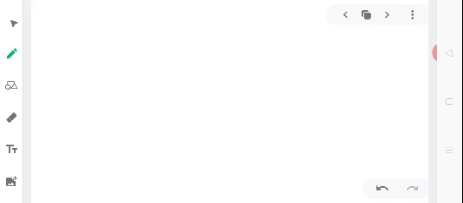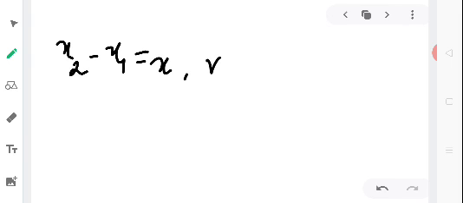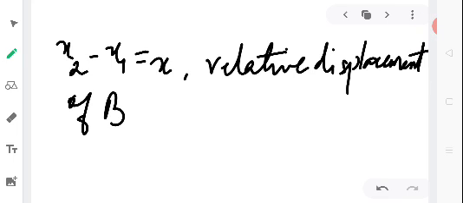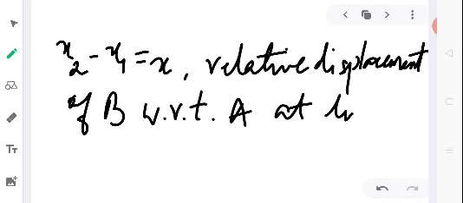Similarly, we can write x2 minus x1 equal to x, and this is actually the relative displacement of B with respect to object A at time t.